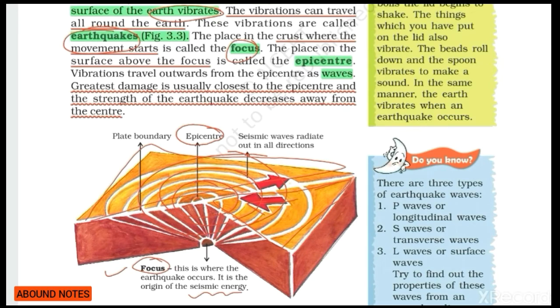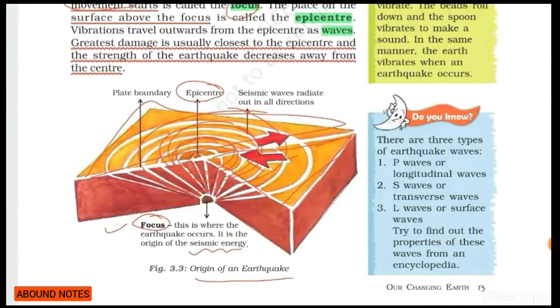The vibrations travel outwards from the epicenter as circular waves, okay, and the greatest damage is usually closest to the epicenter. The strength of the earthquake decreases away from the center, okay.